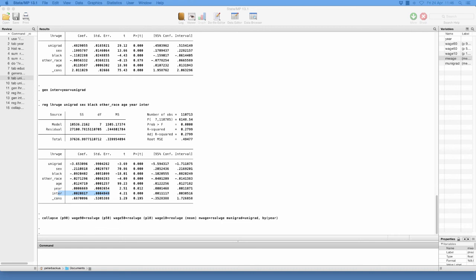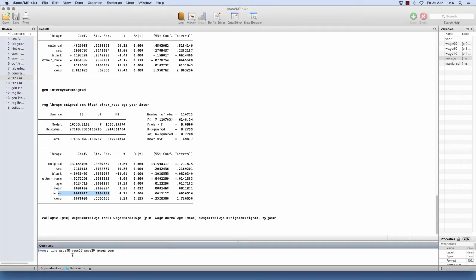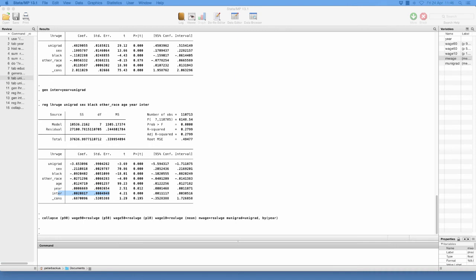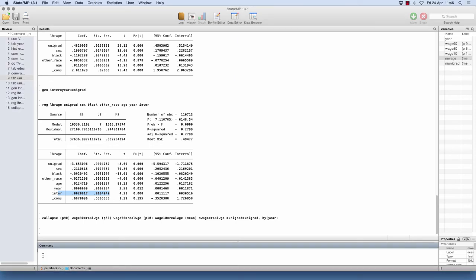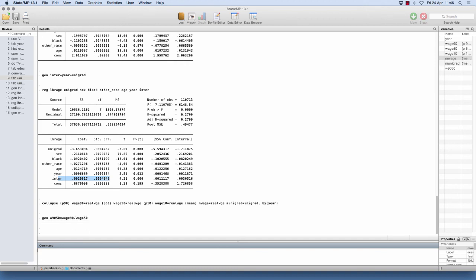So to do that, we're going to draw a line. Actually, let's not do this one, let's just do the ratios. So first we need to generate the ratios. This tells us make the 90-50 ratio for each year.